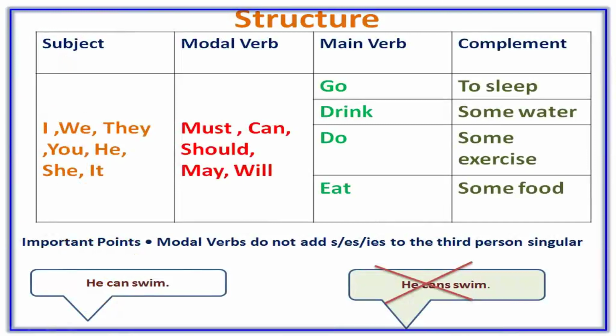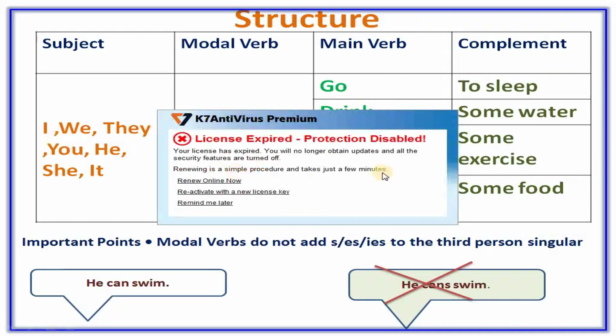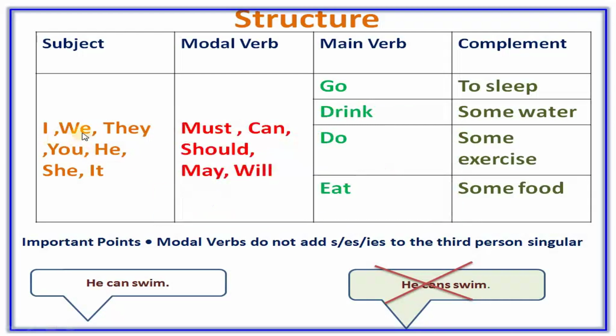Now we are going to understand the structure of the modal verbs. The first column is subject, the second column is modal verb, the third column is main verb and the fourth column is complement. Subjects are I, we, they, you, he, she, it. I is first person singular, we is first person plural, they are plural, and you is second person.